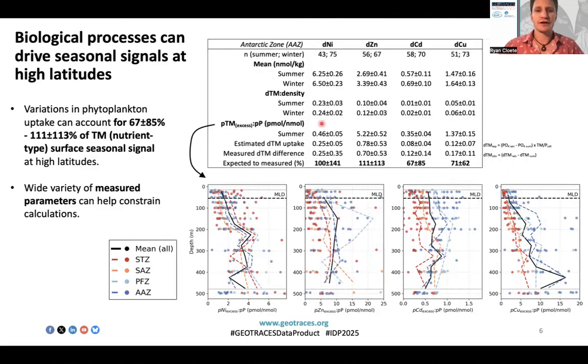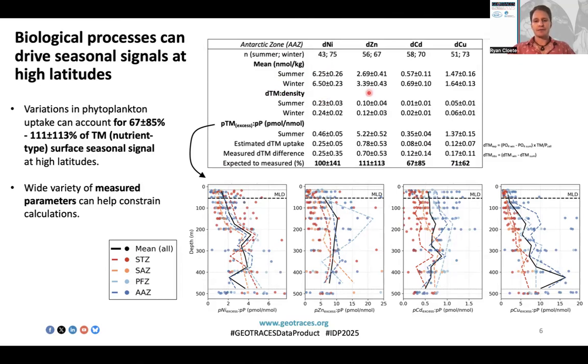So if we move to some calculations and visualizing the data in a bit more of a quantitative manner, here I've compared winter and summer seasons from the Antarctic zone, where we see the strongest seasonal signal. I've listed the concentrations, the means for summer and winter, but I've also compared the ratios of the elements to density.